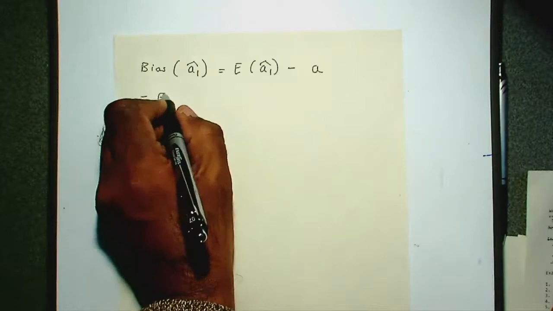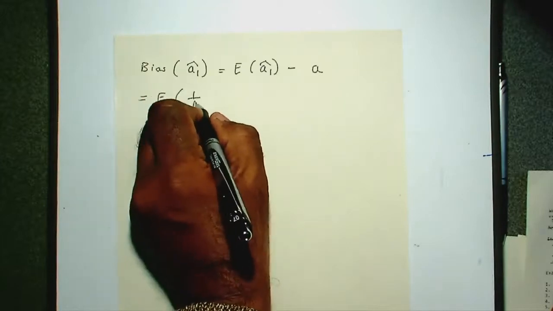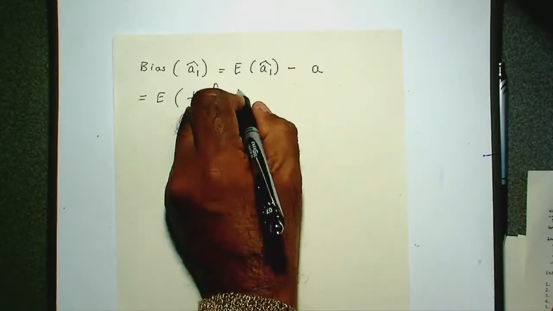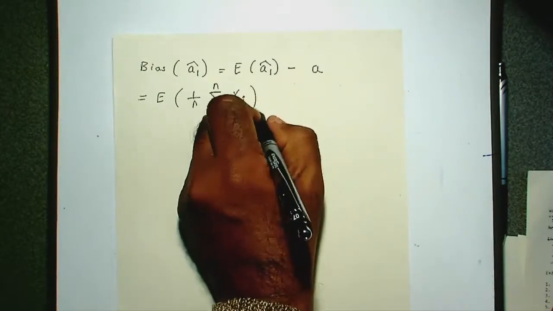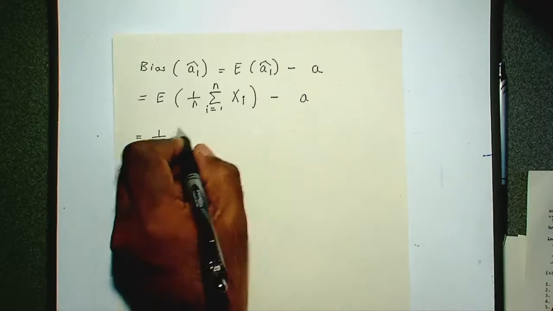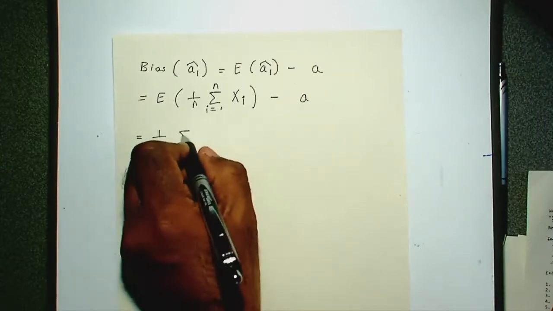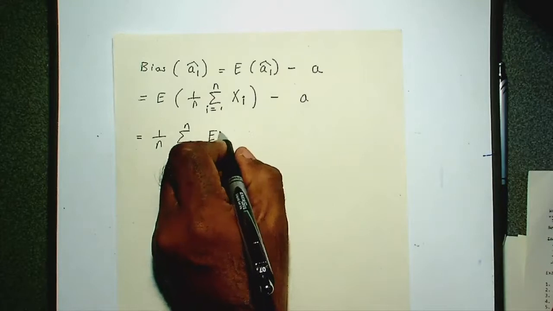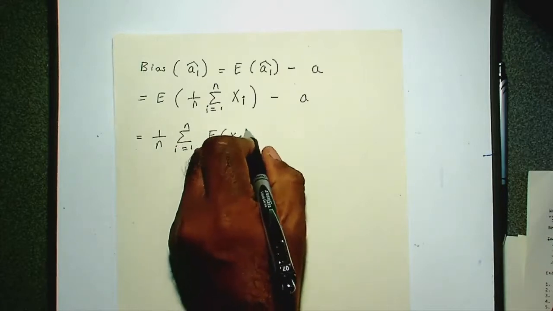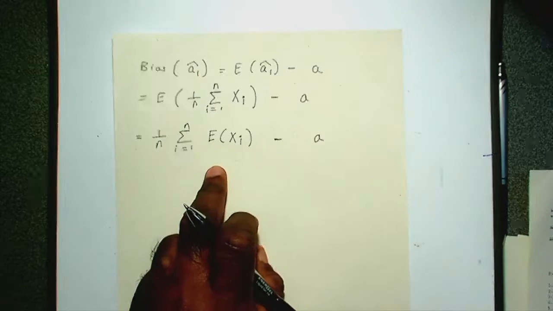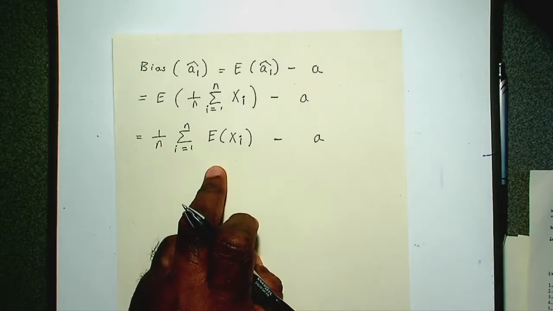So this is the expectation of 1 over n ... minus A. So if you take the expectation inside, you get this. All right, now let me check your memory from probability 1.